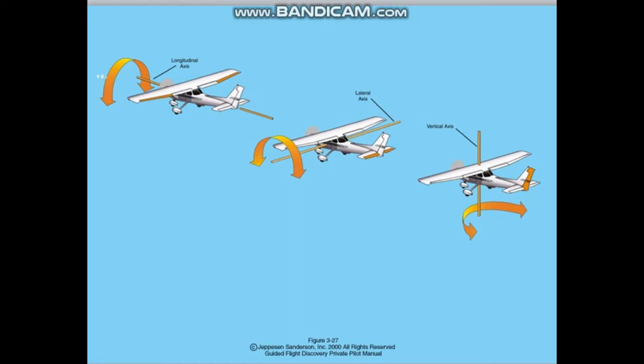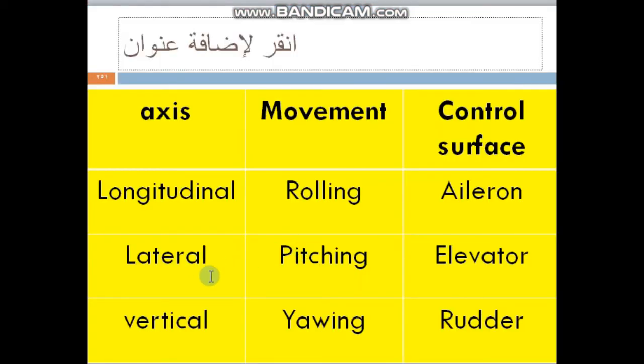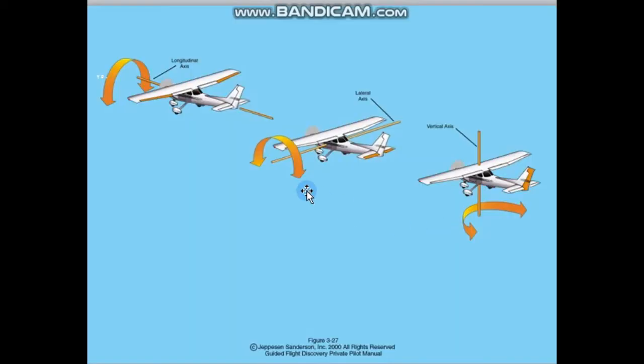After that we have the lateral axis. We have a pitching movement around the lateral axis, as we see in this figure. The movement around the lateral axis is pitch up and pitch down. Who is responsible for pitch up and pitch down?